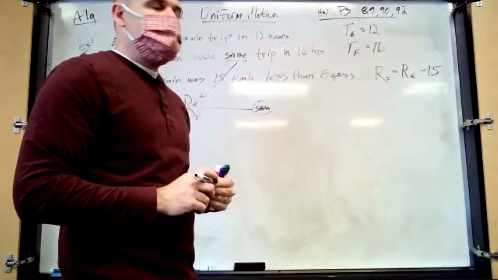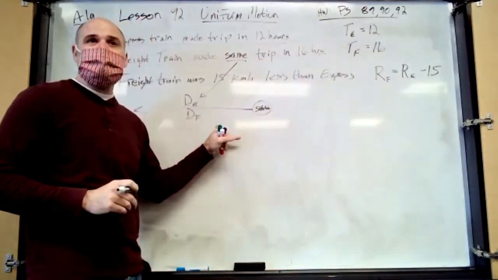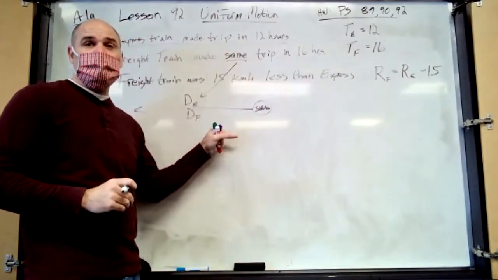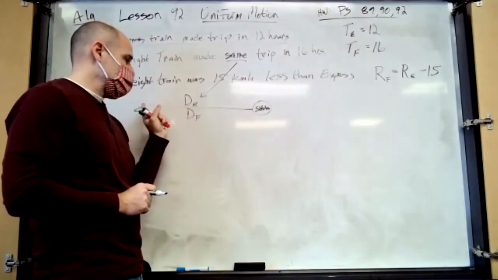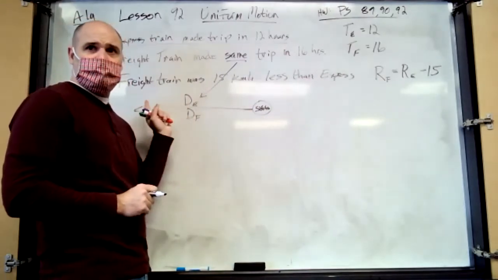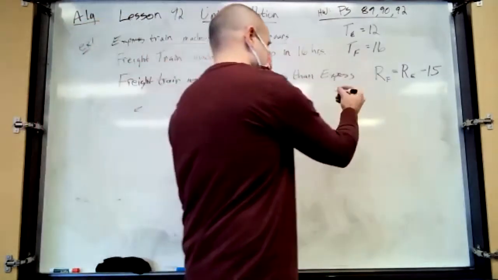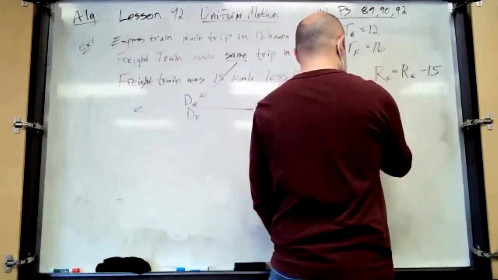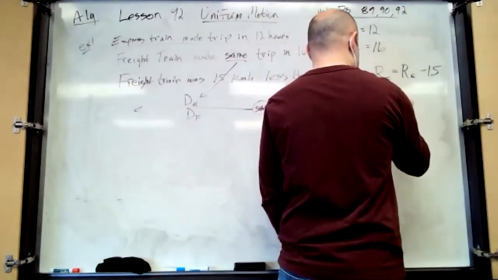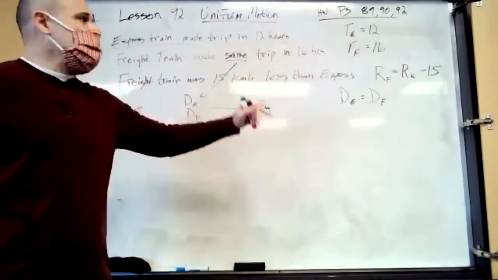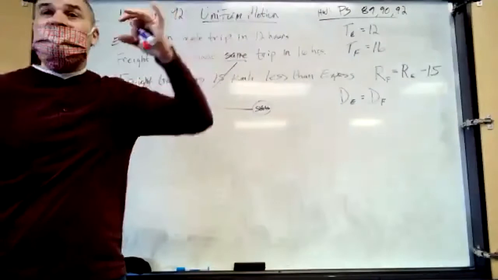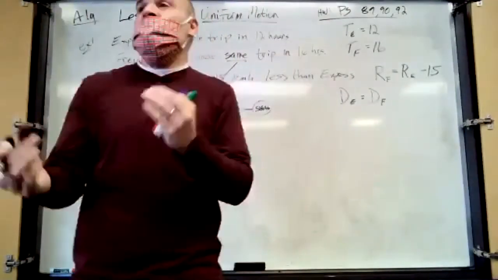Okay. So what can we say about the distances? What do they look like? What is this distance compared to this distance? They're the same. Yeah, so we can say d of E equals d of F. All right? Okay, so that could be the first thing you do. Is this one of those problems where the distances are the same or where they're different?